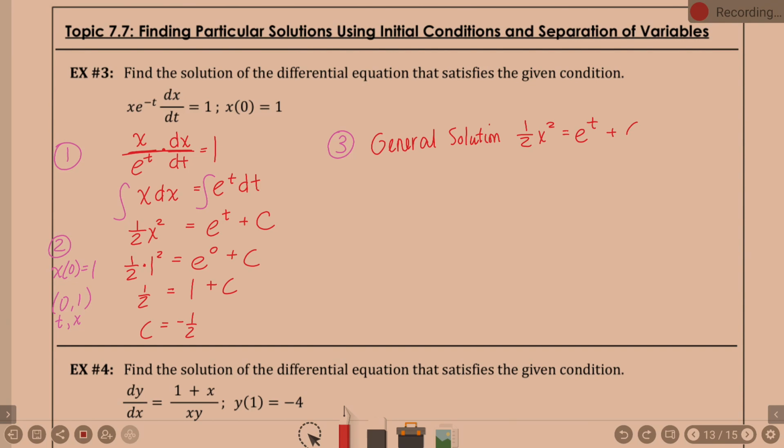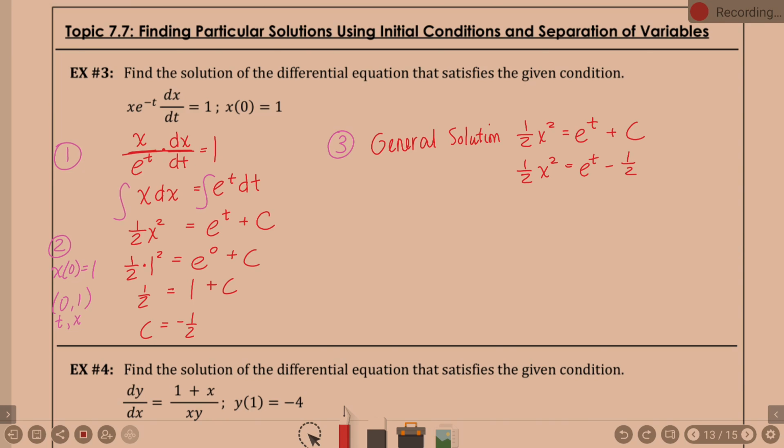That's general because we don't have the c value in there. When we put that c value in there, and we start talking about the particular, c is 1/2. So 1/2 x squared equals e to the t minus 1/2.